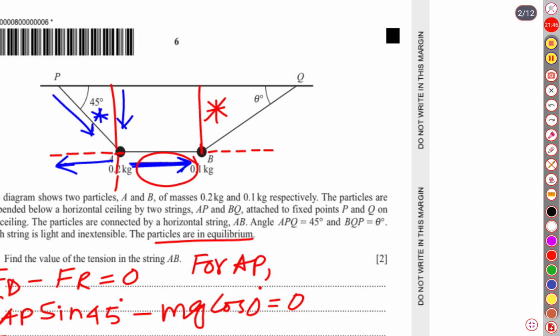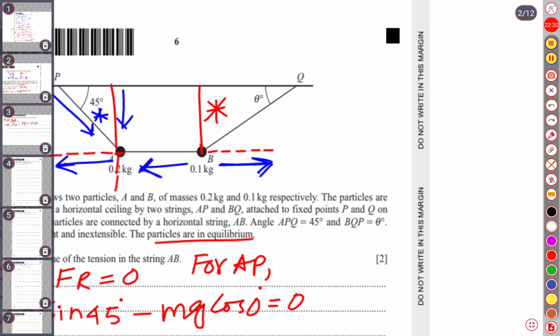Now this is the positive direction for the string BQ, and tension in AB is now acting in the negative direction. So the driving force is going to be tension in BQ cos theta, and the negative force is nothing but tension in AB.